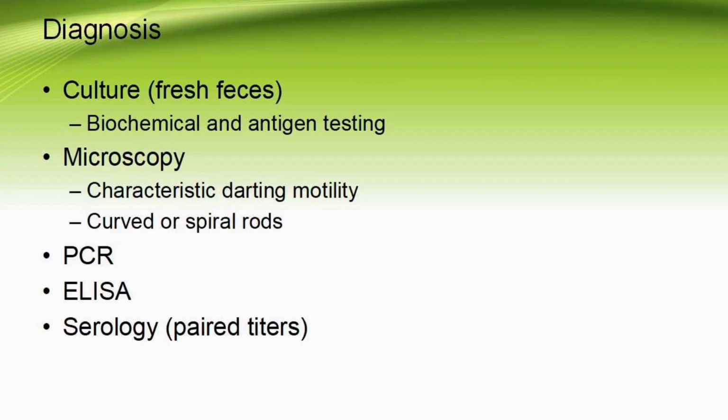Enteritis can be diagnosed by isolating the causative organism in fresh fecal samples. However, Campylobacter is fragile and cannot always be found in unfavorable environments such as low pH or prolonged low temperatures. A presumptive diagnosis can also be made by observing the characteristic darting motility in dark field or phase contrast preparations.